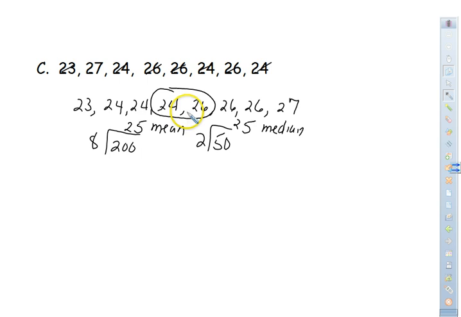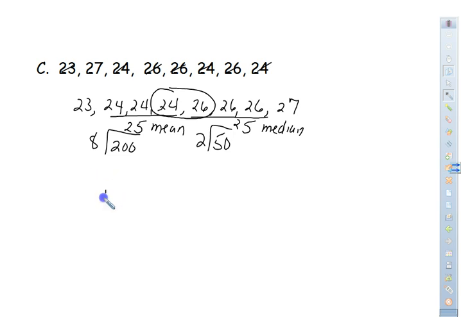Another way of looking at this too is what lies halfway between 24 and 26, which is fairly obvious that it's 25, but if you're uncertain, again, add them together, divide by 2. For my mode, when I look at the mode, I have 3 24s and 3 26s.